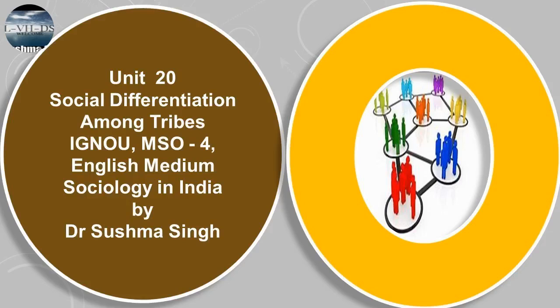Again, social differentiation may be distinguished from social stratification by defining the latter as a hierarchical system in which the social inequalities are institutionalized and are generally passed down from generation to generation.